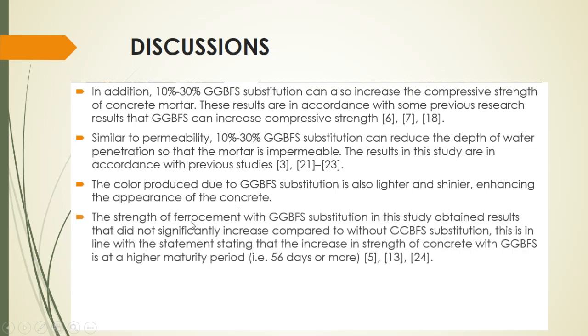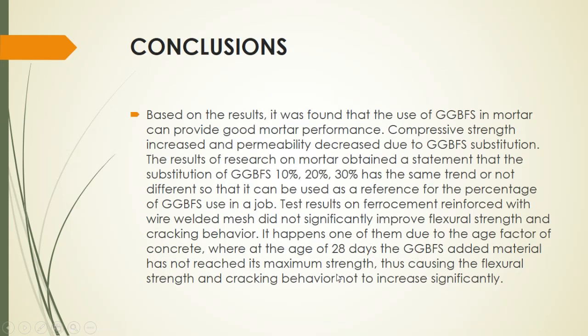The strength of ferrocement with GGBFS substitution in this study obtained results that did not significantly increase compared to without GGBFS substitution. This is in line with the statement stating that the increase in strength of concrete with GGBFS is at a higher maturity period, i.e. 56 days or more, in the paper.